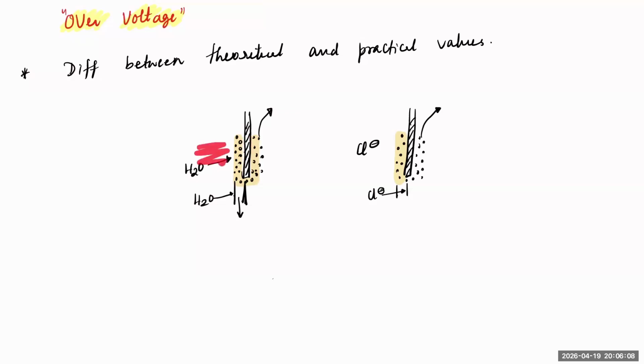So we have completely water here, and here it is solid state, but there is a new phase which is being created between them. Because of this, water needs extra energy to penetrate through this layer and again come in contact with the electrode.